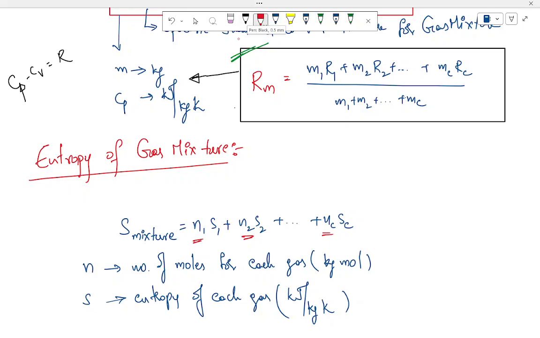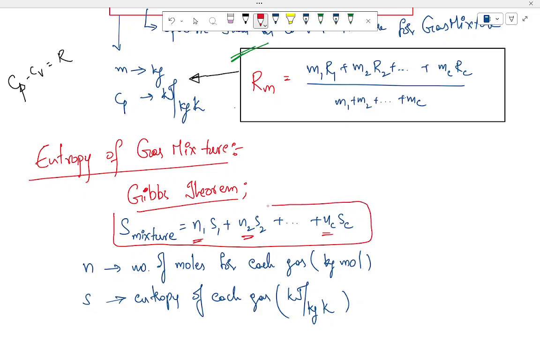So this is basically derived from something called the Gibbs theorem. Gibbs theorem gives us this correlation. Like your Dalton's law of partial pressures gives you the previous formulas, here you will make use of the Gibbs theorem to get this expression, that is S mixture will be equal to N1 into S1 plus N2 into S2 plus Nc into Sc.